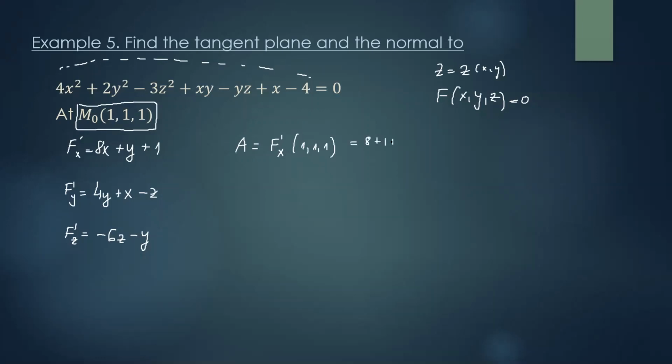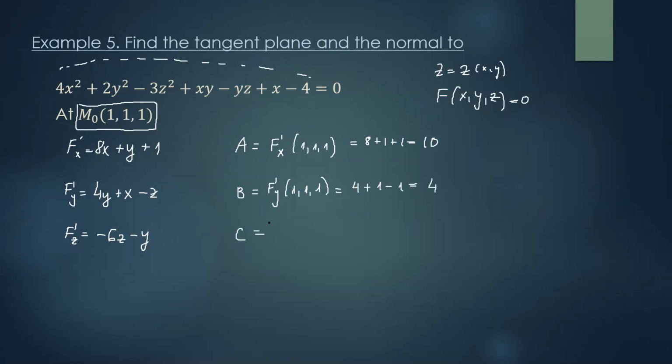8 plus 1 is 10. B, so you see, this is easier to do if we do it separately. It's orderly, everything is obvious, everything is understandable. At 1, 1, 1. And so we have 4 plus 1 minus 1 is just 4.